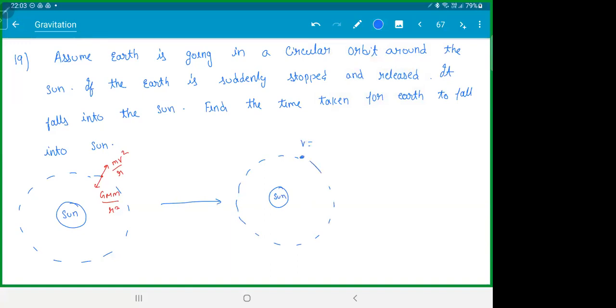The Earth's velocity suddenly became zero. Then there's only the gravitational attraction GMm by r square that won't stop. Because of this, you'll go and crash into the sun. So how long will it take for the Earth to crash into the sun?